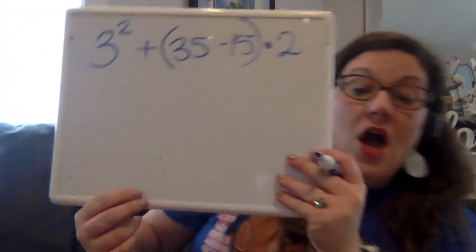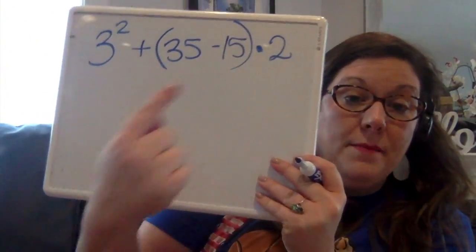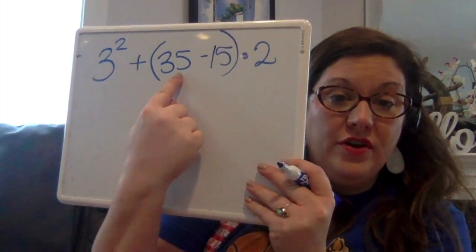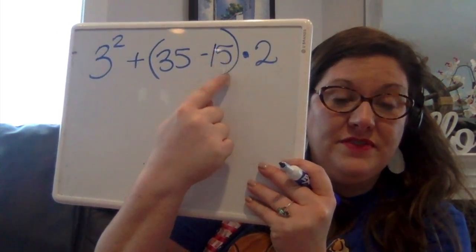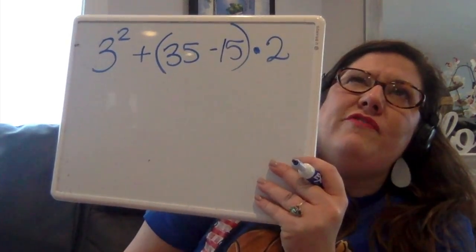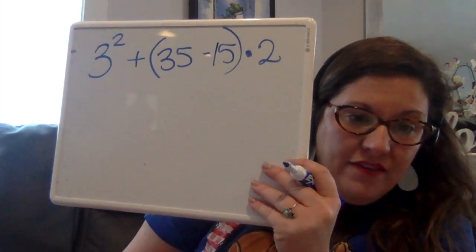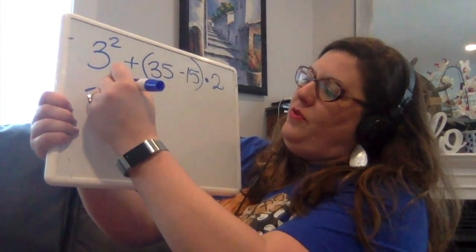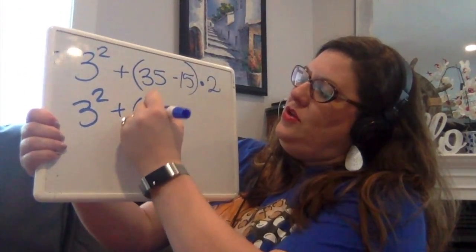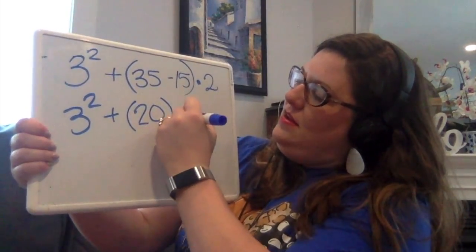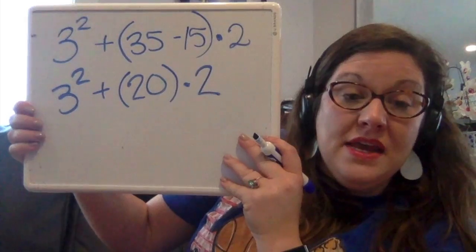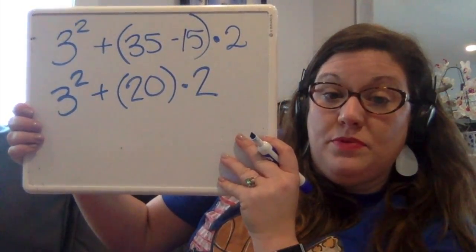Okay, according to the order of operations, we're going to begin with our parentheses here. We need to subtract 35 minus 15. Let's think. 35 minus 10 would be 25, and 5 more would be 20. So we've got 3 squared plus 20 times 2.